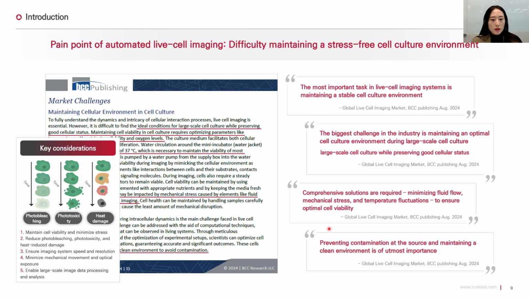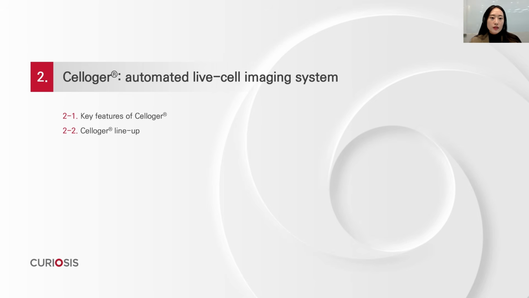This is especially critical for sensitive cell types or long-term assays, where maintaining stable conditions is essential. So while automation improves consistency, environmental stability inside an imaging system remains the key challenge in the field. And this is where CellLogger offers a clear solution.